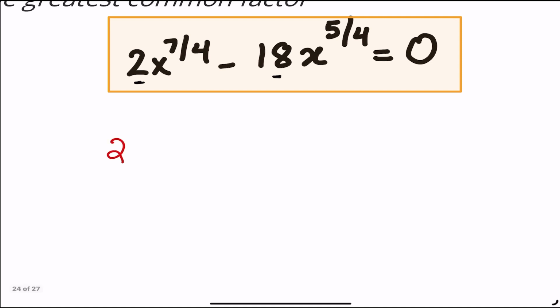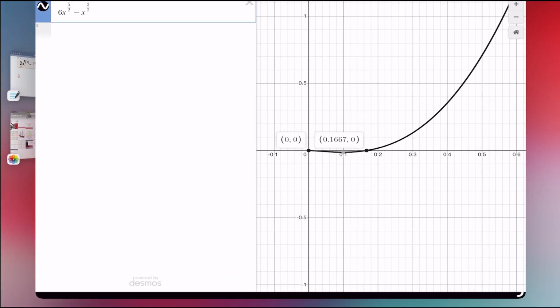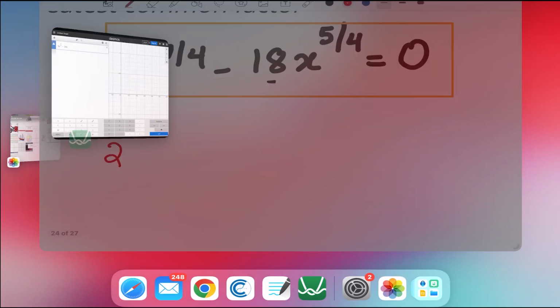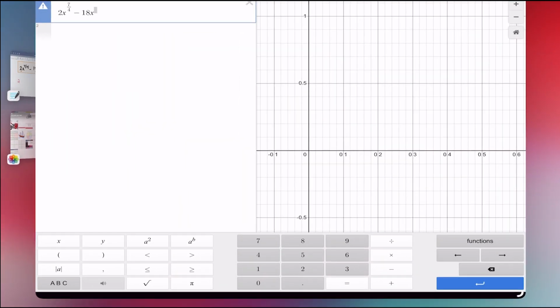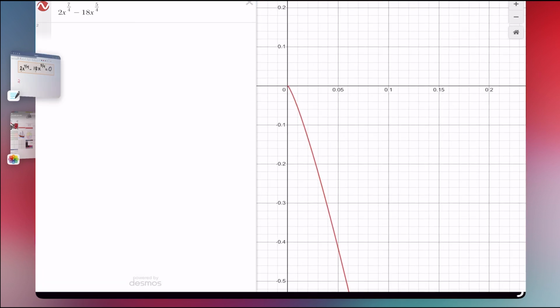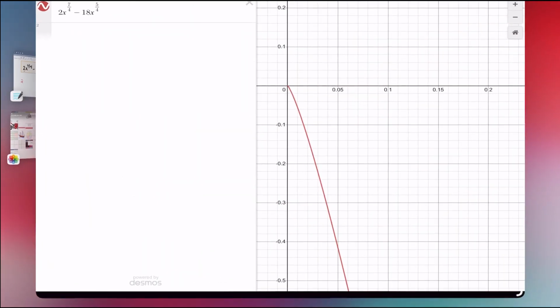Let's plug it into our Desmos first: 2x to the power 7 over 4 minus 18x to the power 5 over 4.